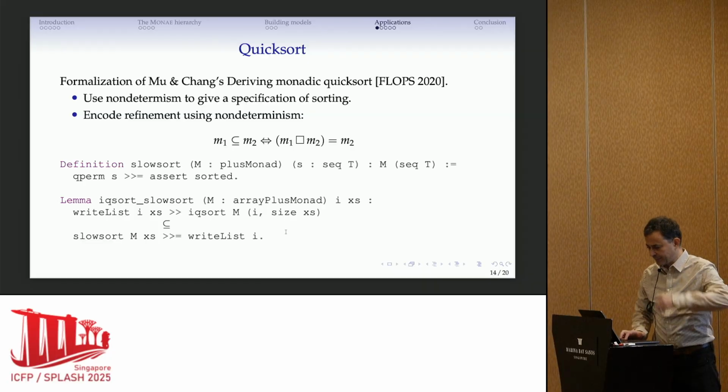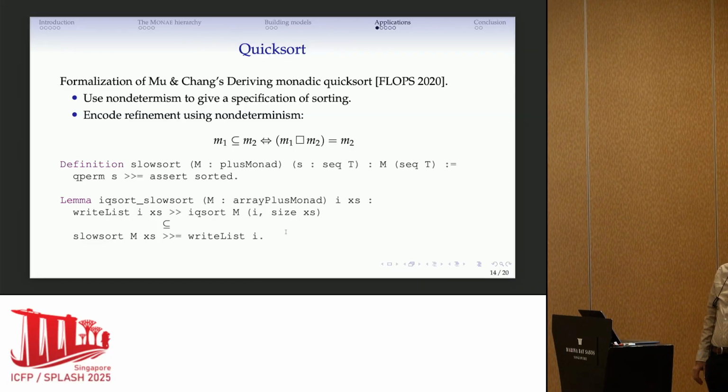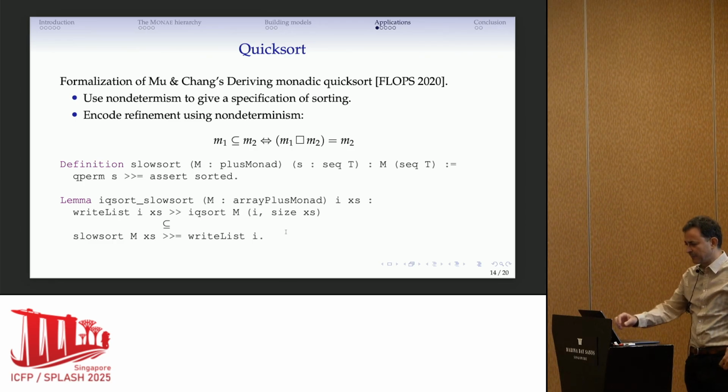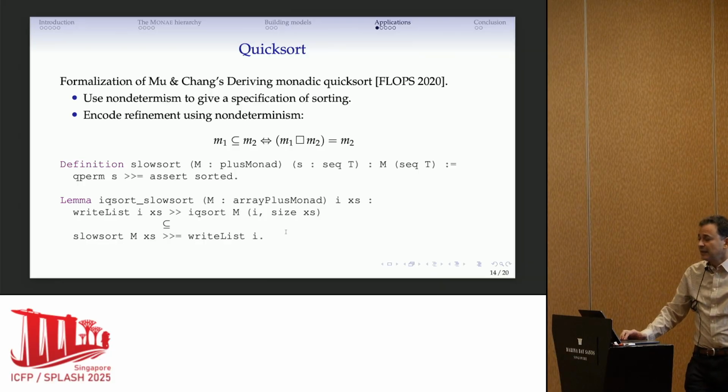Now I'm going to present a few examples. First, there's a quicksort example that you can see in the paper, which is based on Mu and Chiang's deriving monadic quicksort. It's interesting because the idea here is that you use nondeterminism to give a specification of sort, so it's a new way to give a specification.